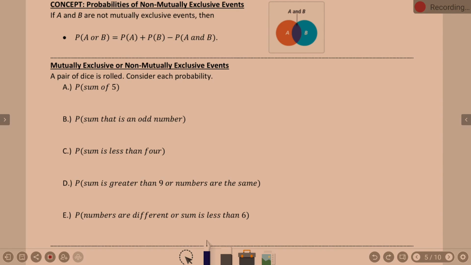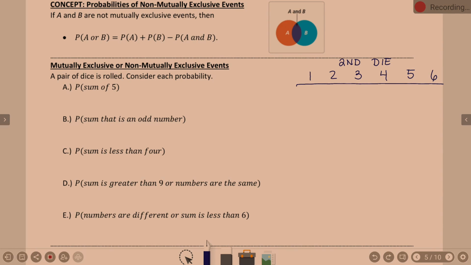At the top of the chart, I'm going to have the second die, and I'm going to put the first die along the left. What are the options on that second die? That is a 1, 2, 3, 4, 5, or 6.